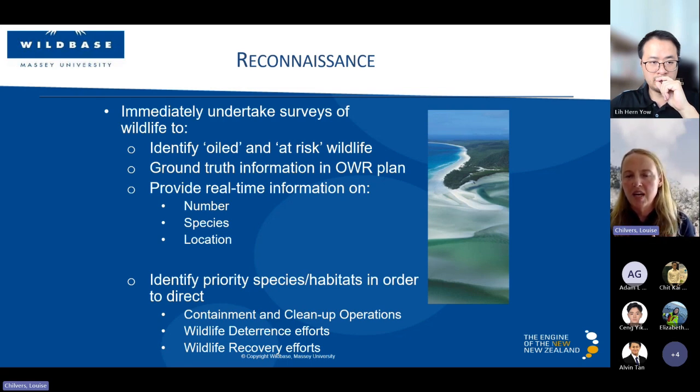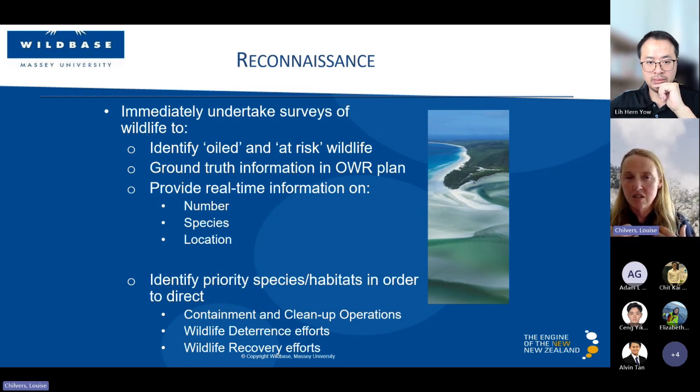It's really important to have this reconnaissance to ground truth that information, identify the priority areas or habitats. I mean, priority areas are always going to be things like estuaries, mangrove systems. To lead back into operations, how can this either lead to containment of the oil or cleanup of the oil in those sensitive habitats? How do we get in and deter wildlife from getting into those areas if they're not already in there?